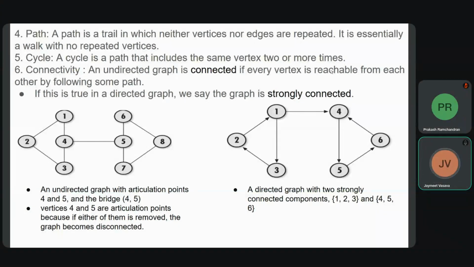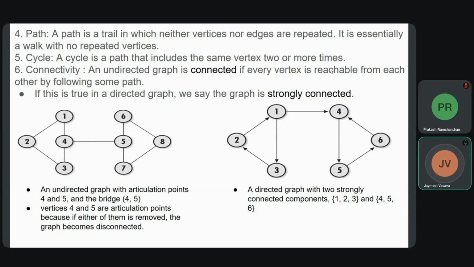Let's start with the figure on the left, which is an undirected graph, which has two articulation points, 4 and 5. Articulation points are the points where if we remove them, we lose the connection of the graph. You can see that if we remove 4, we lose the connection of 1, 2, 3 with 5, 6, 7, 8.